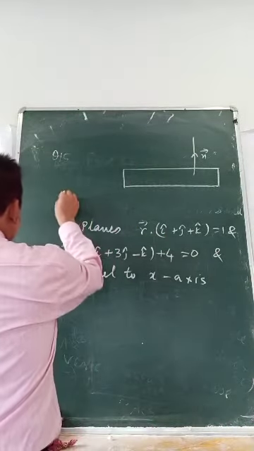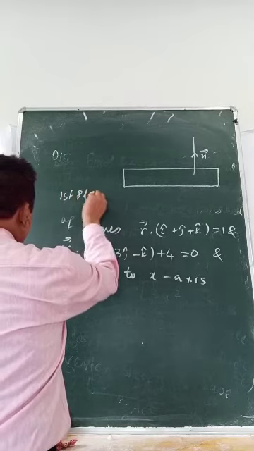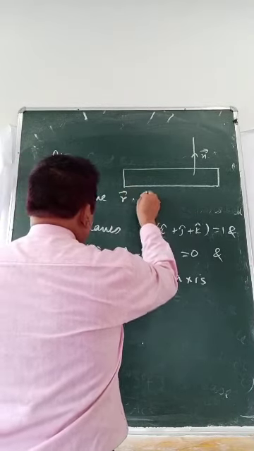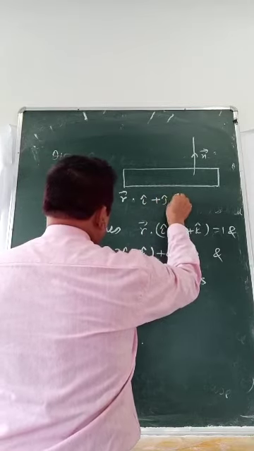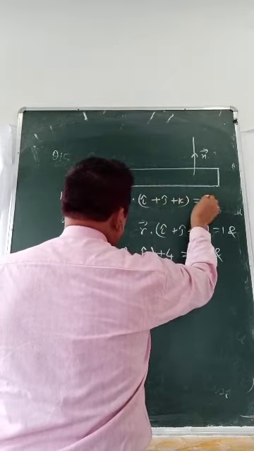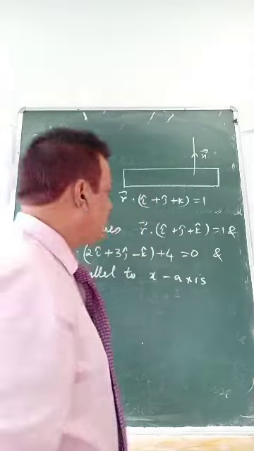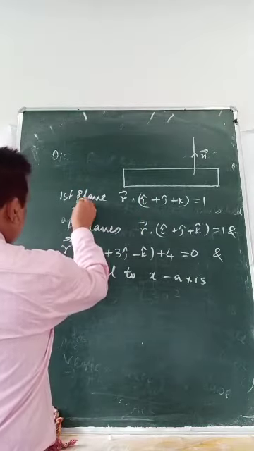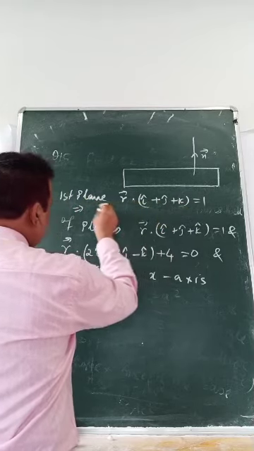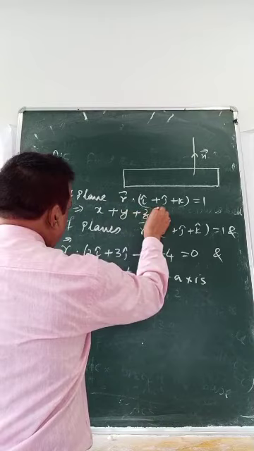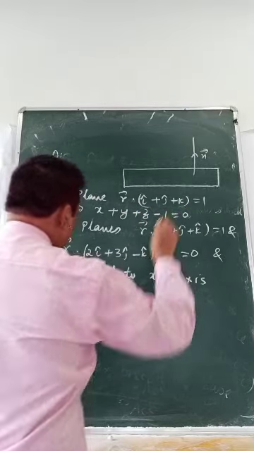What is the first plane? R dot (i plus j plus k) equals 1. Convert it to Cartesian form. Cartesian means replace i, j, k by x, y, z. x plus y plus z minus 1 equals 0.